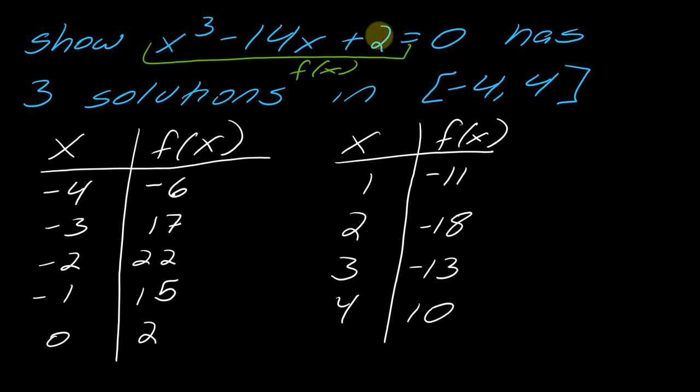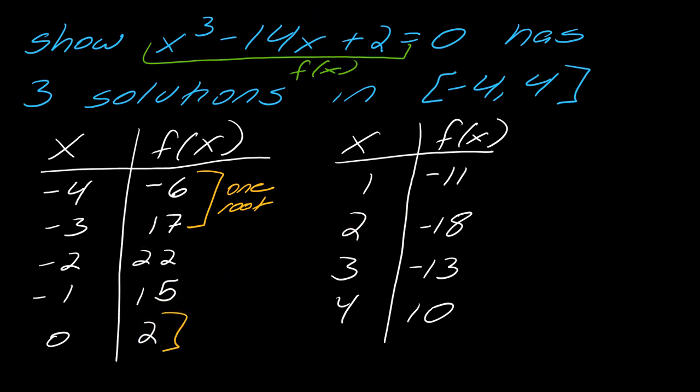So if you're given a function on some interval and you're trying to figure out whether it has a root, you can play around with the function like this, and what you're looking for is where the signs change. What I mean is I go from -6 to 17. Somewhere in here, there is a root. So this would be 1 root. Then I don't have any sign changes until I get from here to here.